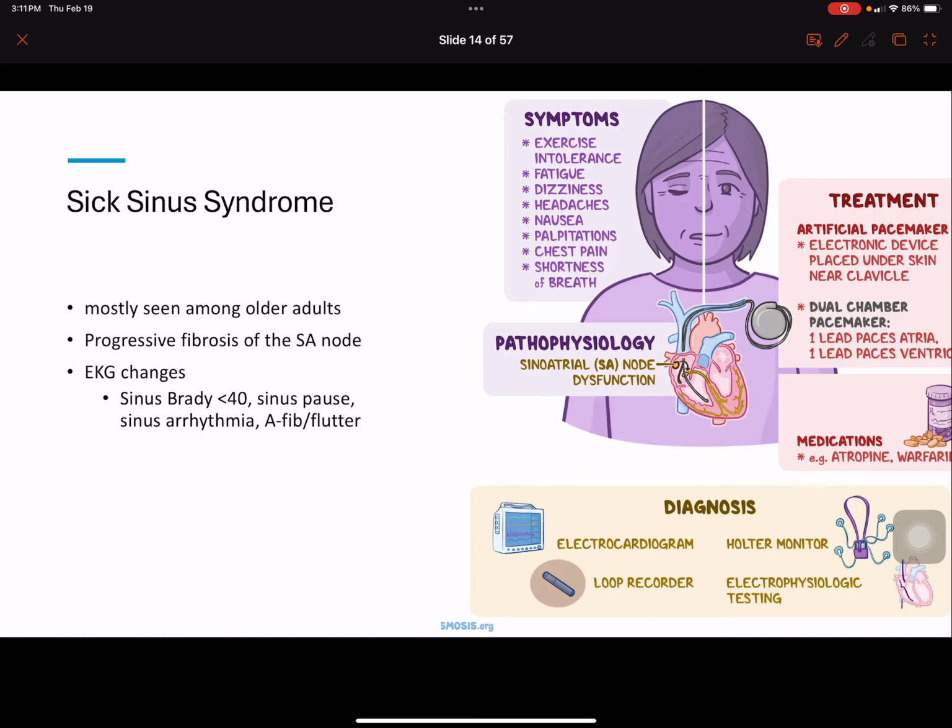Something called dysautonomia could lead to sick sinus syndrome as well. And certain viral infections like COVID, we've heard about long COVID, could be one of the diagnoses associated with that.